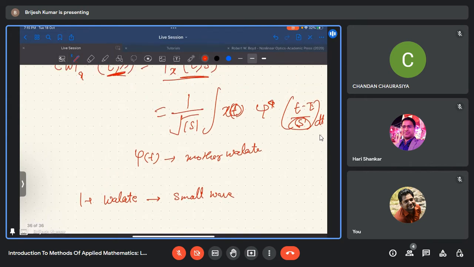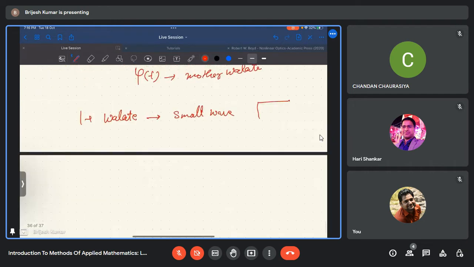The smallness refers to the condition that this window function is of finite length, so we only consider the signal in a small region. The wave refers to the condition that this function is oscillatory.